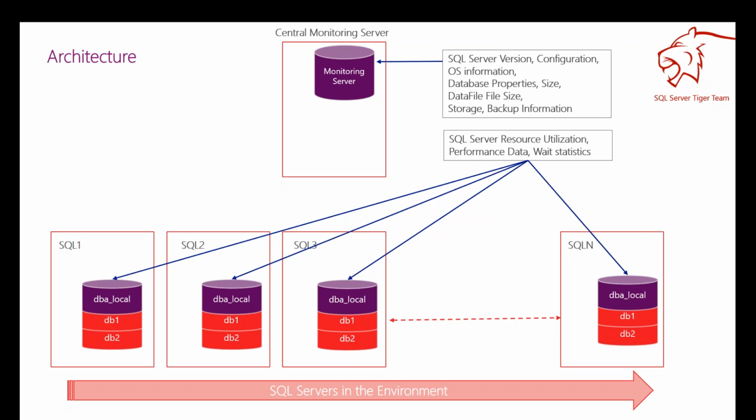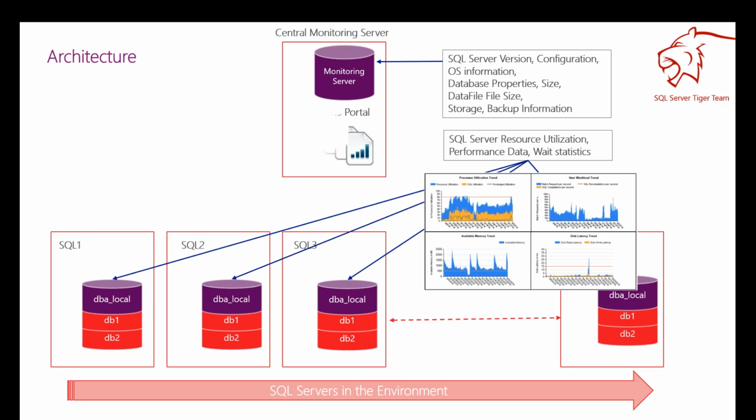focused on performance capture, that information is captured locally on every SQL instance. And you have an SSRS portal or SSRS reporting installation on the central server, wherein all the reports are deployed, and these reports will then query each of the local instances and give you performance monitor data.